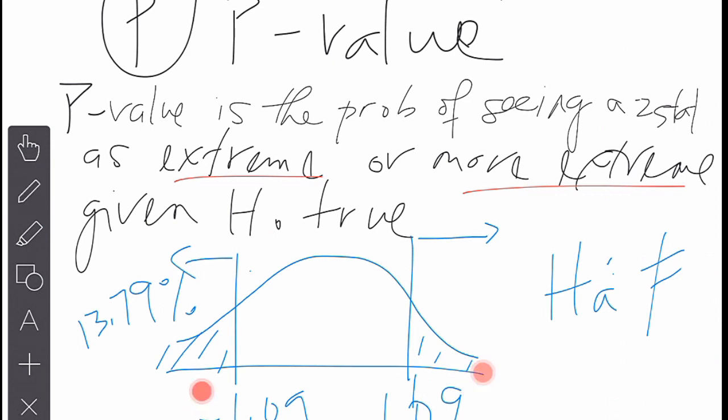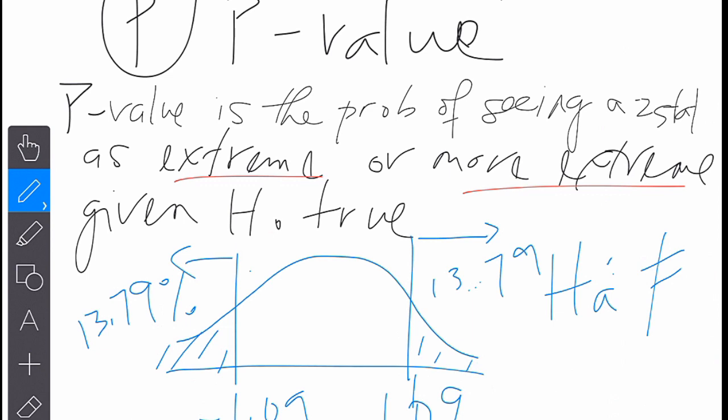So it's 13.79 here, and it's also 13.79 here. So I have to actually add those together. So it's 2 times 13.79, which is 27.58.